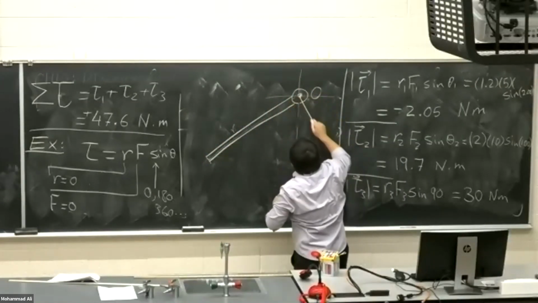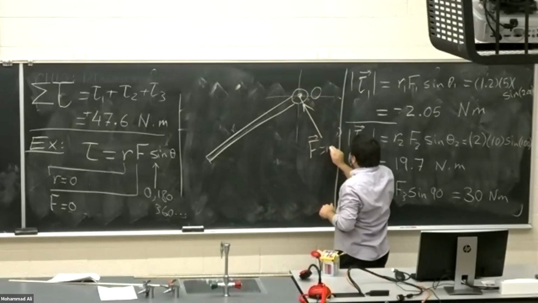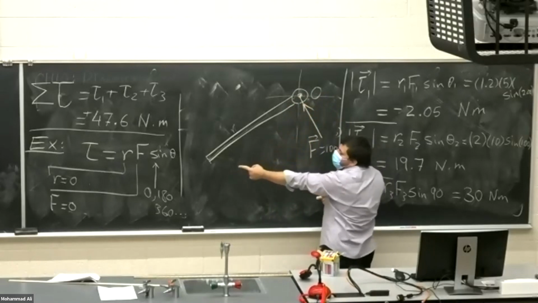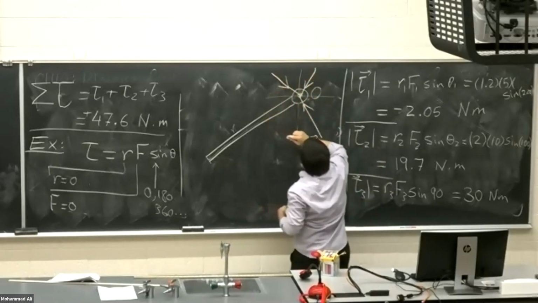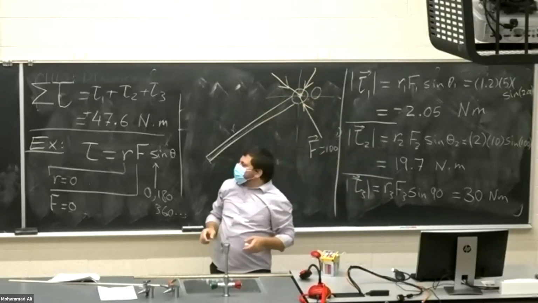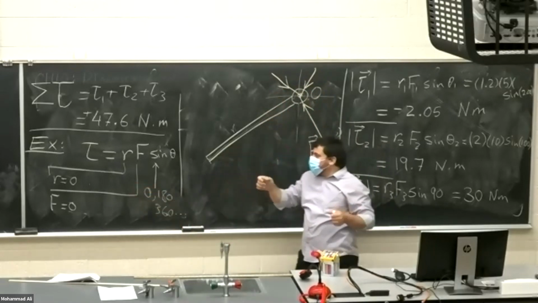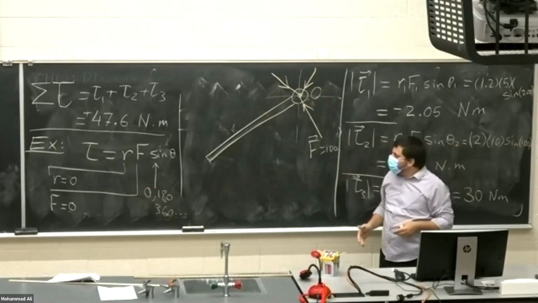So if we apply a force here, 1,000 newtons, but R is equal to 0. If we apply a force like this, it will not affect the rotation at this point. Look at the door. There is no door now in the range of the camera.